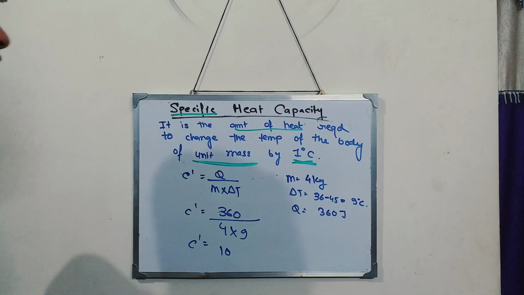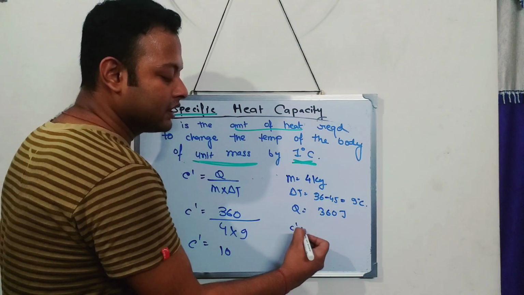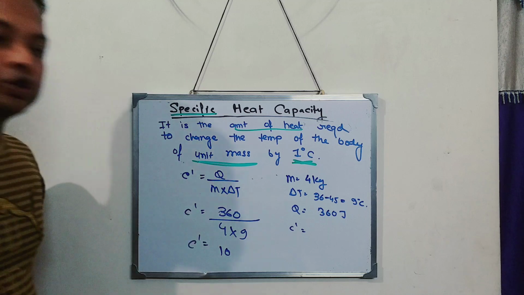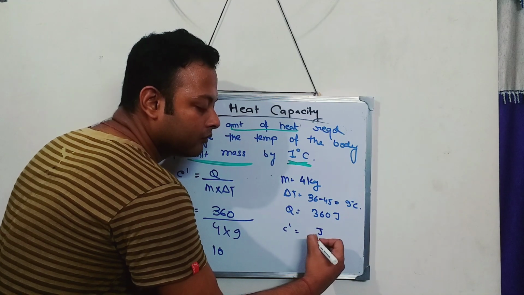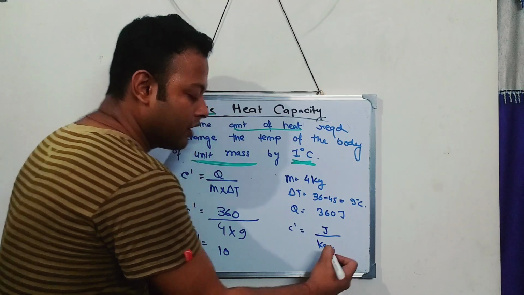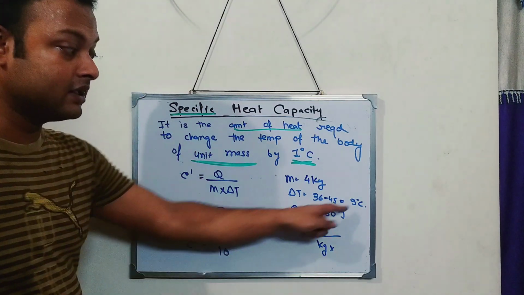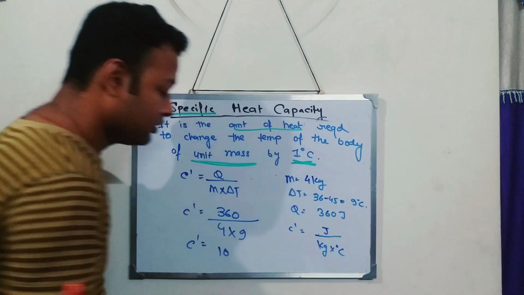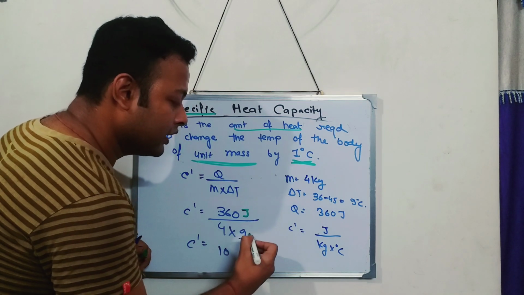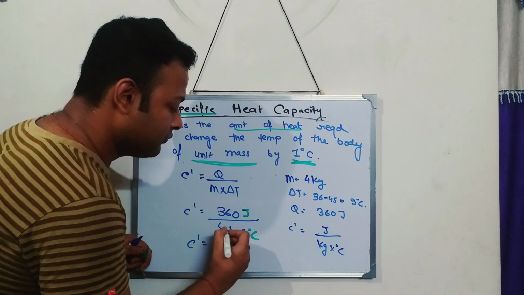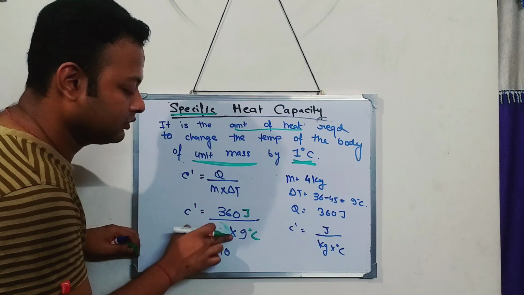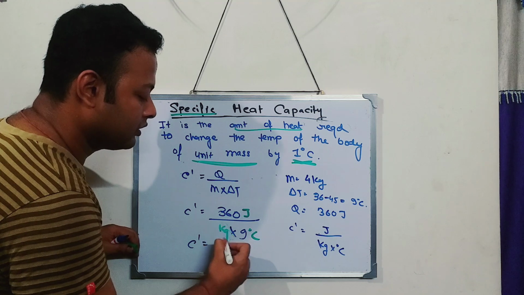10. Now see the units. What is the unit of C dash? What is the unit of specific heat capacity? 360 is joule, so on the top we have joule. This 4 is kg, and this 9 is degree centigrade.